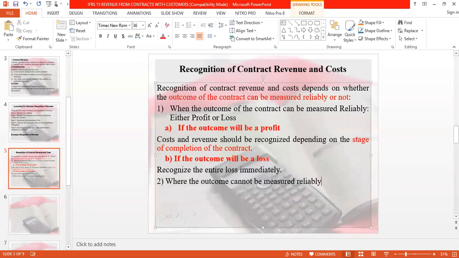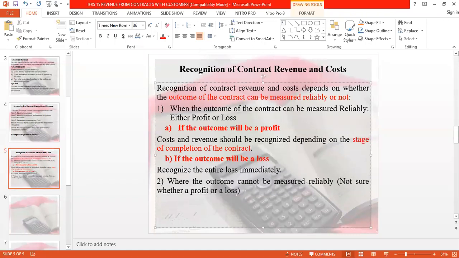Where you are not sure, in other words, not sure whether a profit or a loss.